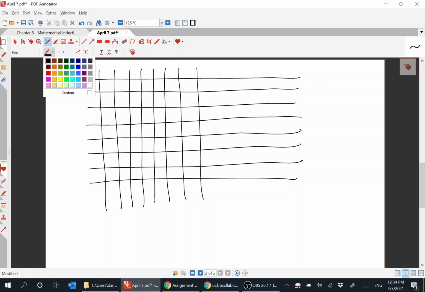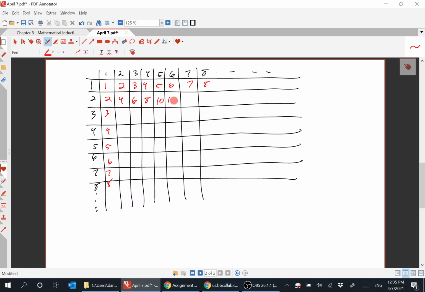All right, so you've got the numbers 1, 2, well, you've got 0, but we don't have to worry about 0. 4, 5, 6, 7, 8, and so on and so forth. Those are the natural numbers, and we're talking about multiplication in the natural numbers. 1 times 1 is 1, times 2, 3, 4, 5, 6, 7, 8. 2, 3, 4, 5, 6, 7, 8. 4, 6, 8, 10, 12, 14, 16. 6, 9, 12, 15, 18, 21, 24.